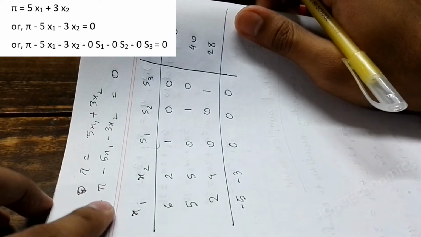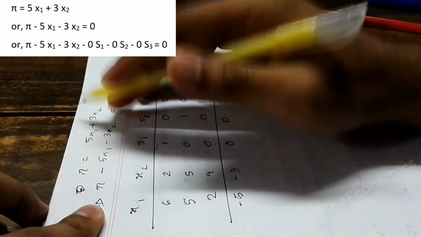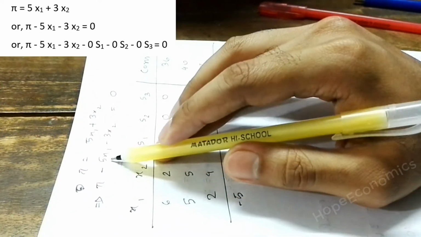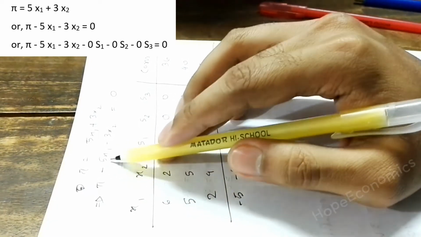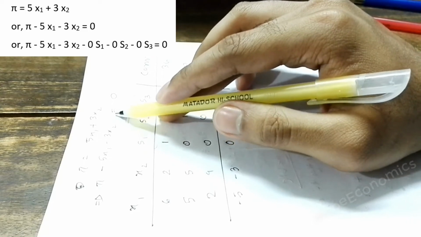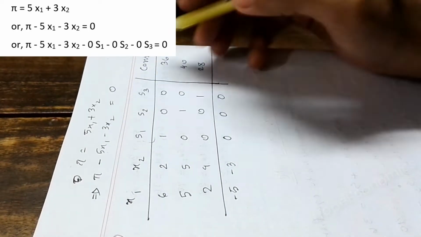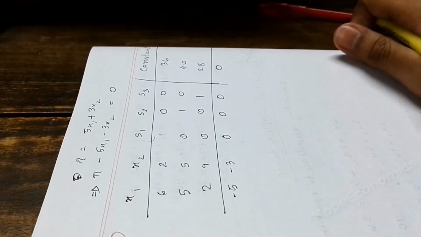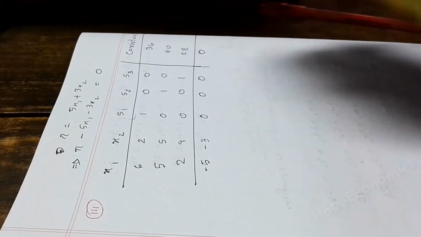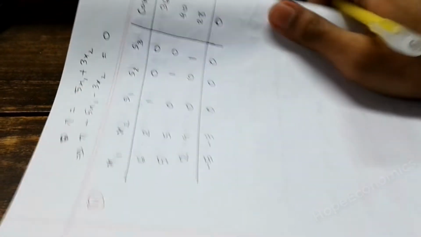This is the basic thing we have done here. So here you are seeing minus 5x1 minus 3x2 and no s1, s2 and s3, so all will be 0, and for the constant it's 0 also, so add 0. So this is our initial table.